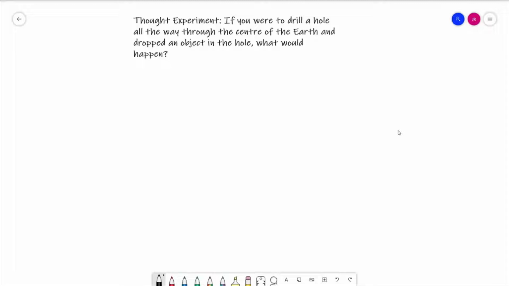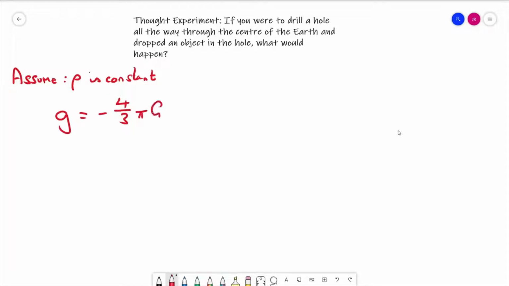Now, the answer to this, bizarrely, is frustratingly simple. Again, we're going to go back to this assumption that density is a constant. And again, going back to the main video, we had the equation g is equal to minus 4/3 pi G rho multiplied by r.